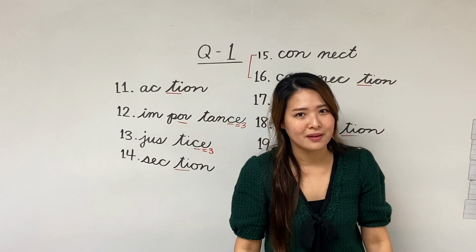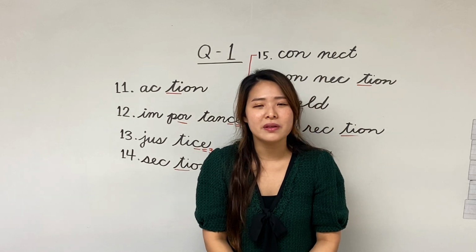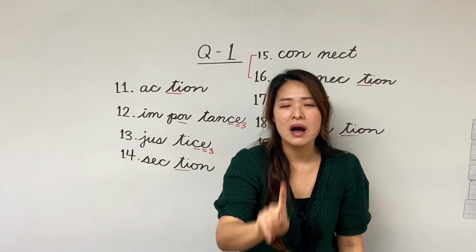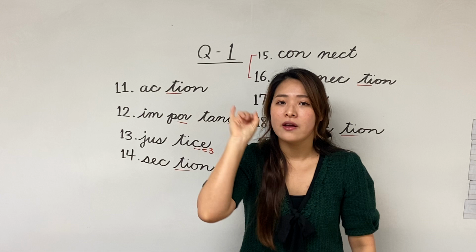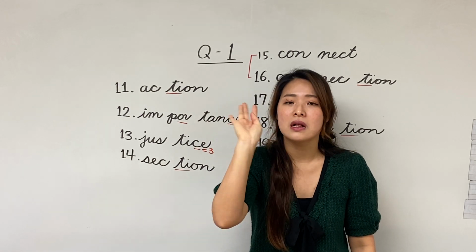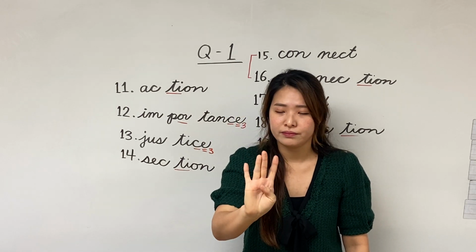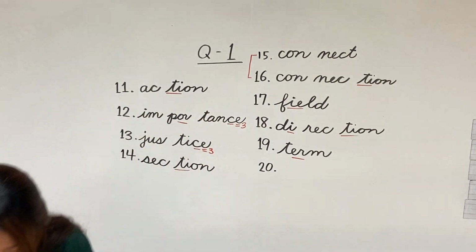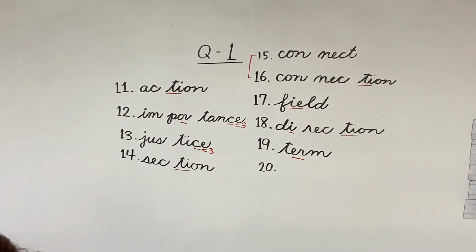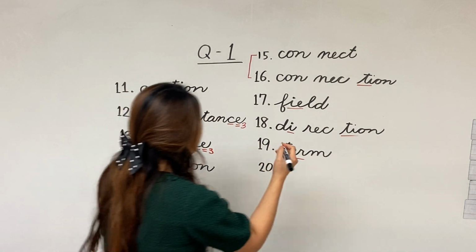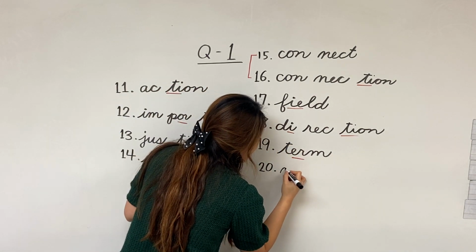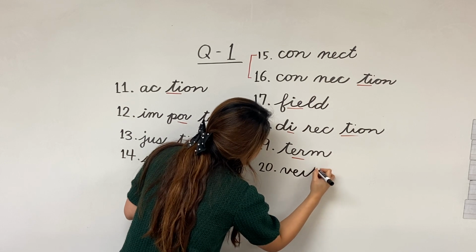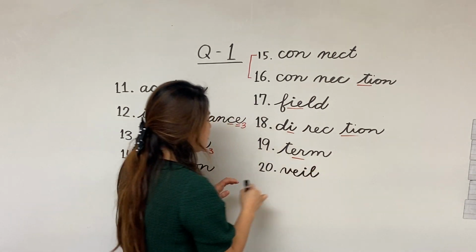Beautiful work by Libby. How many syllables are there in veil? Veil. 1 syllable. Sound it out. V, E, I. Veil. Ready? V, E, I. Veil.